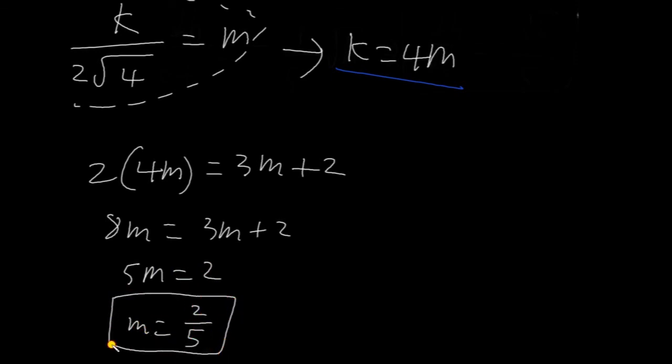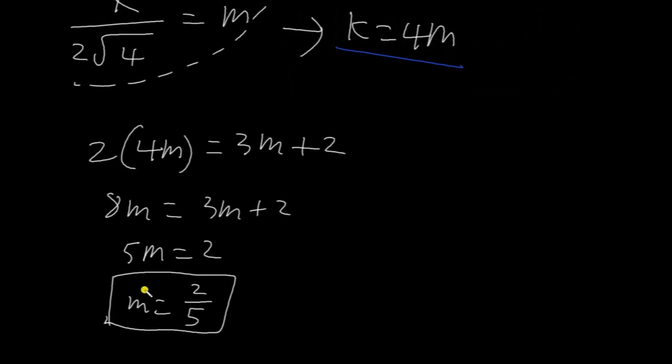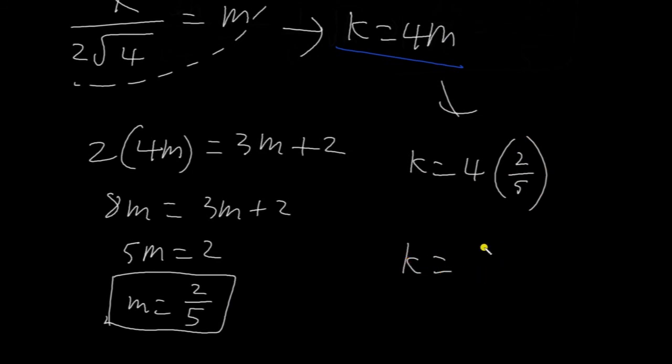Okay, but they asked us for both m and k, so it's an easy enough thing to figure out k. So I can take this relationship between k and m, and since k is equal to 4m, k is equal to 4 times, well, m is 2 over 5. So k is equal to 8 over 5.